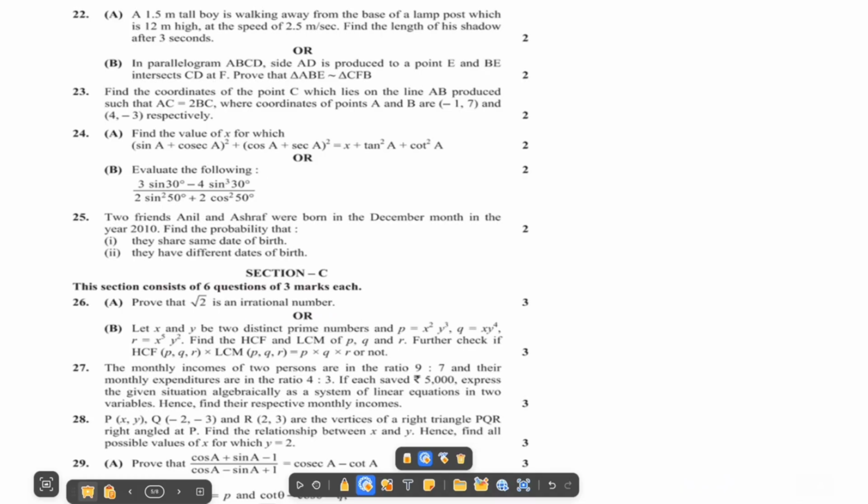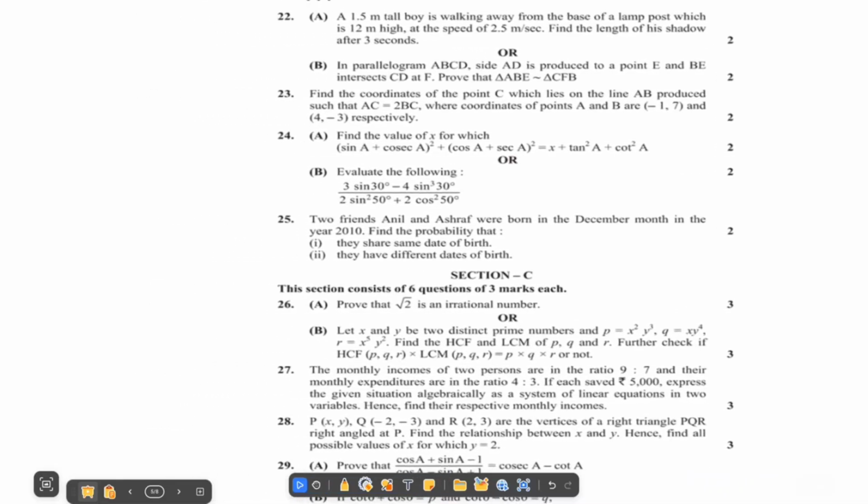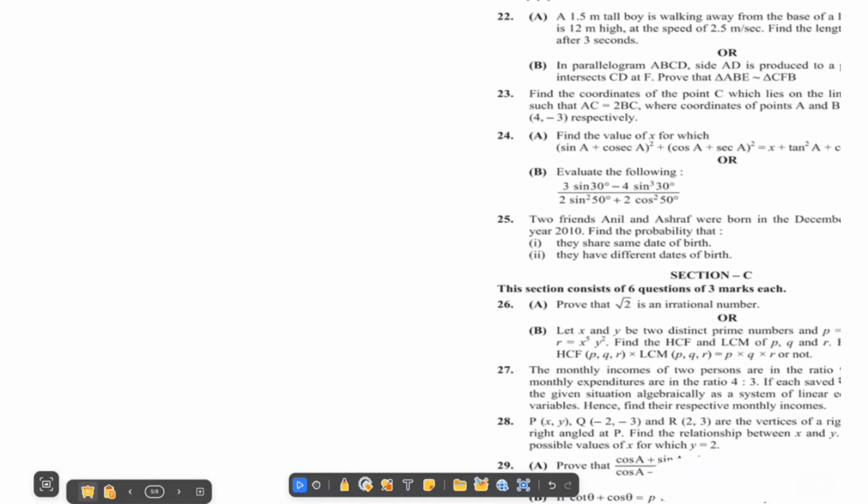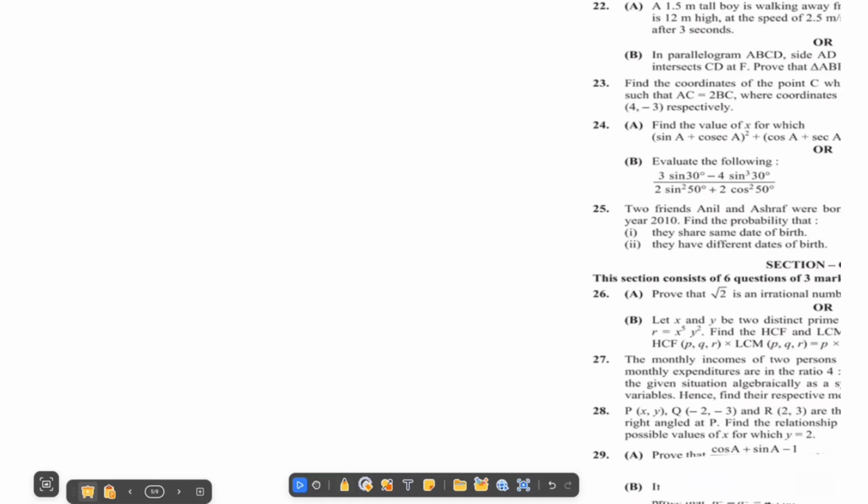So let's draw a line. So this is the AB line segment.